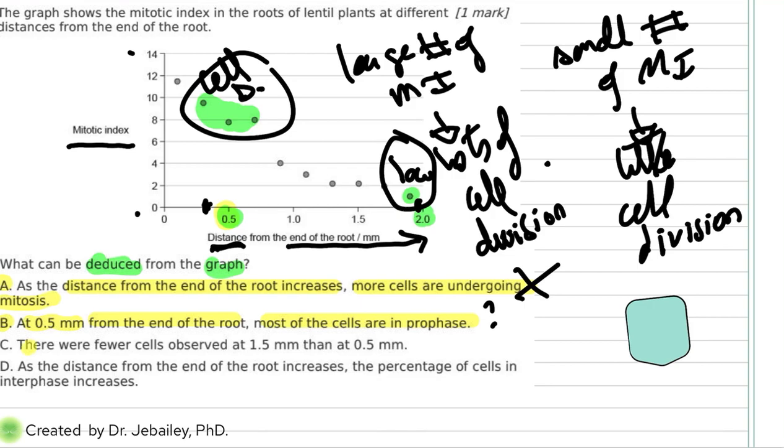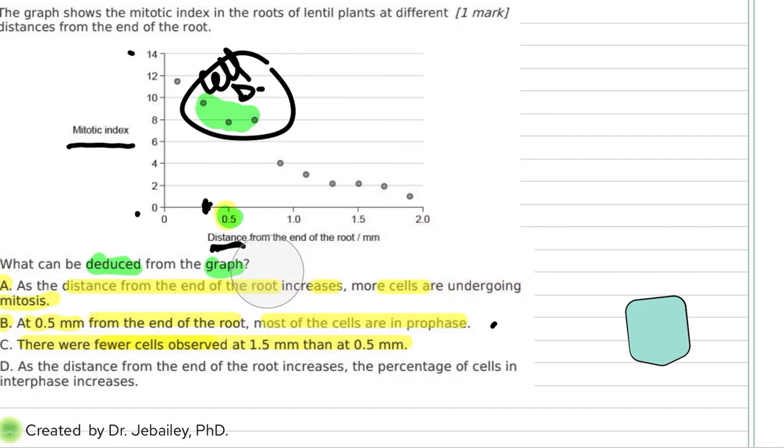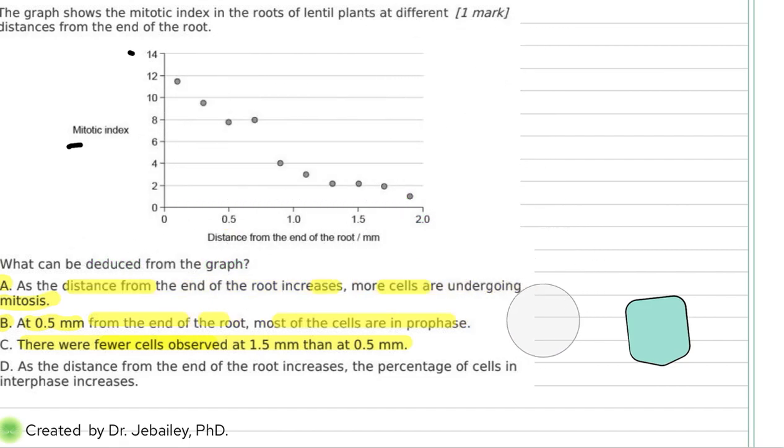Here it says there are fewer cells observed at 1.5 than at 0.5. This has nothing to do with the graph, because if you want to make a graph, you have to have a control. What do I mean by control? When you want to graph something, the first thing you have to do is go through the process of experiment.